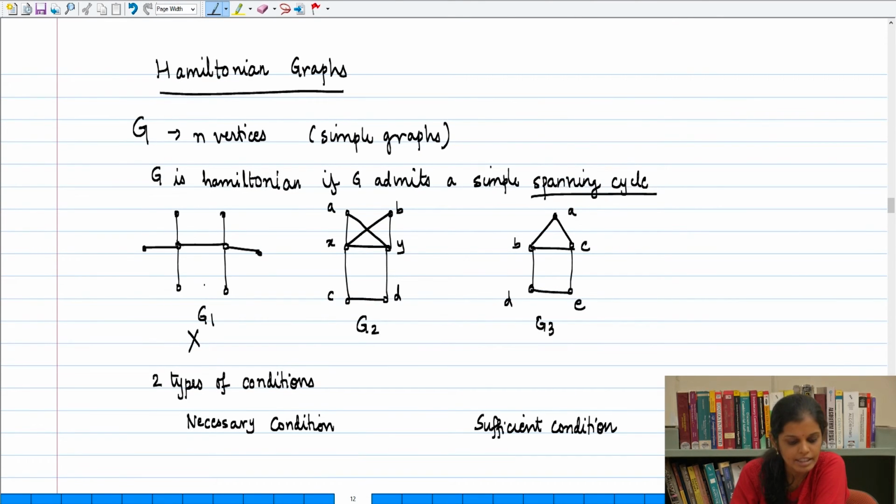And we agreed that this graph, G1, is not Hamiltonian. So can we now show a witness set S? In fact, let's remove this vertex. If you remove this vertex, this will be one component, this is another component, this is another component, and the rest of the part is another component. So we actually have 4 components created by simply removing one vertex.